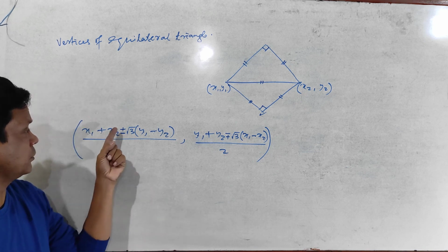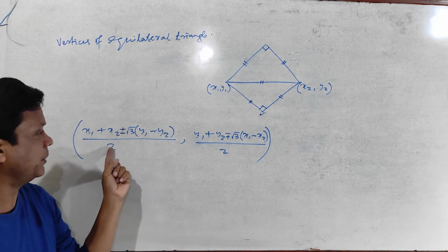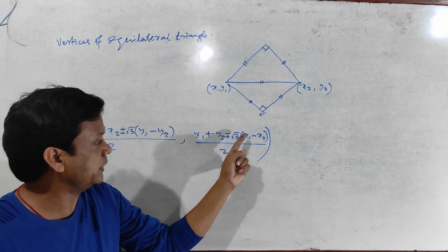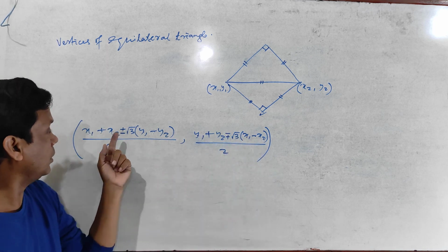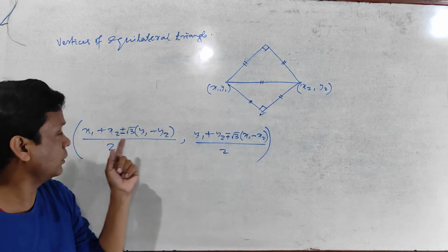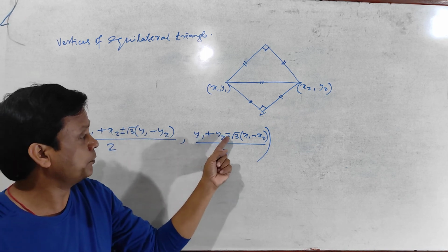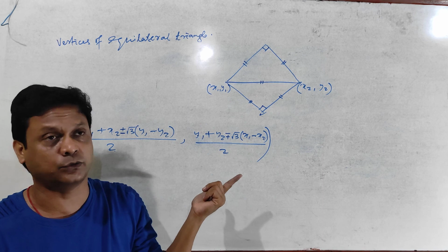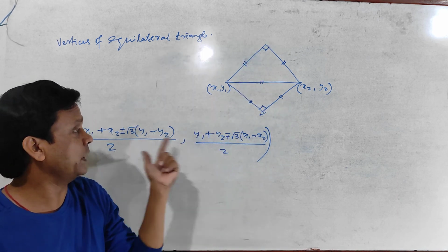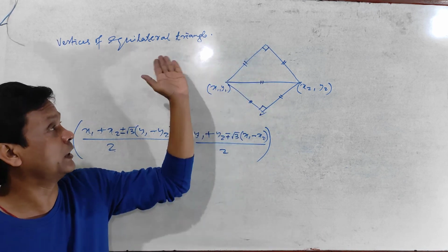That is ((x1 + x2 + root 3 (y1 - y2))/2, (y1 + y2 - root 3 (x1 - x2))/2), or the other vertex will be ((x1 + x2 - root 3 (y1 - y2))/2, (y1 + y2 + root 3 (x1 - x2))/2). In this way you can find the third vertex of an equilateral triangle in which two vertices are given.